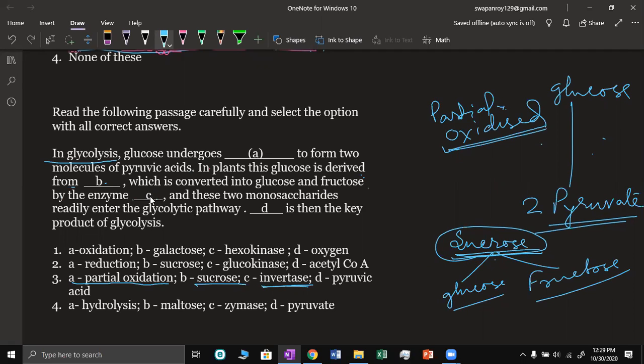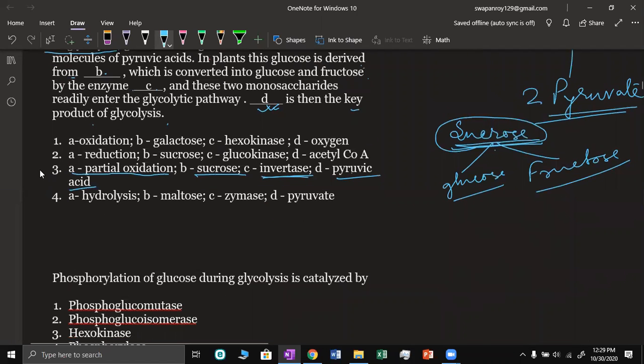These two monosaccharides, glucose or fructose, then enter the glycolytic pathway. D is the key product of glycolysis. The pyruvic acid is the key product of glycolysis. This is the end product. So the answer is option 3.